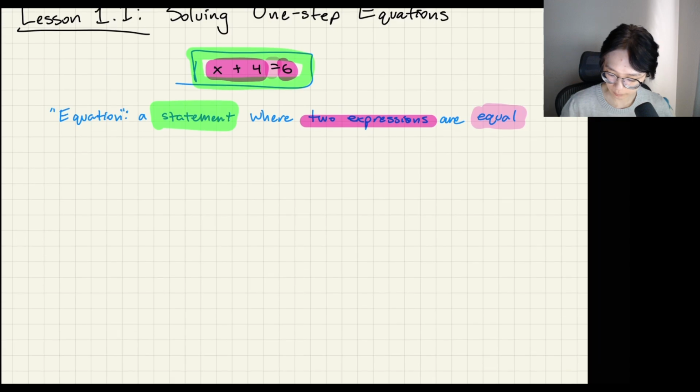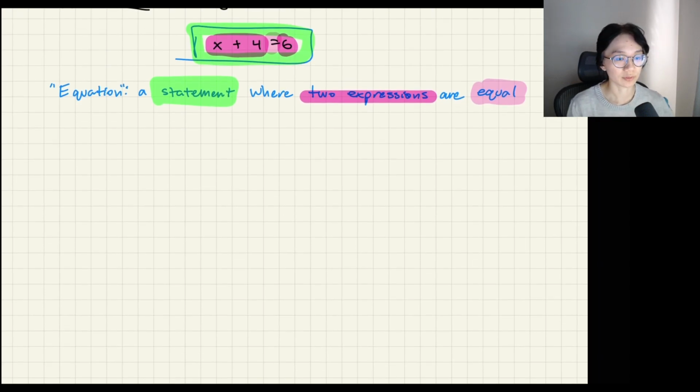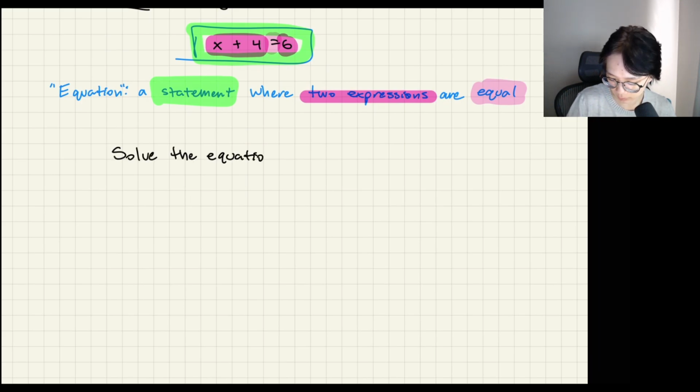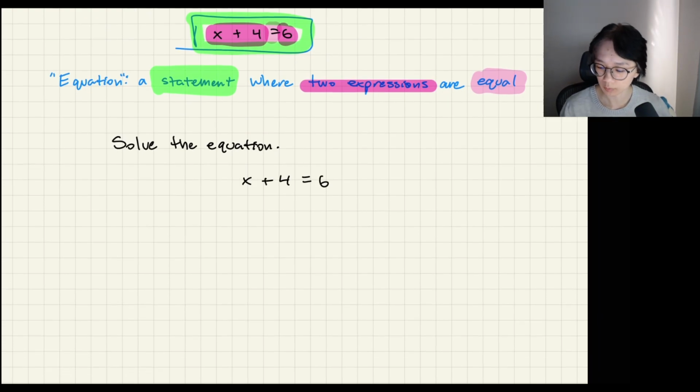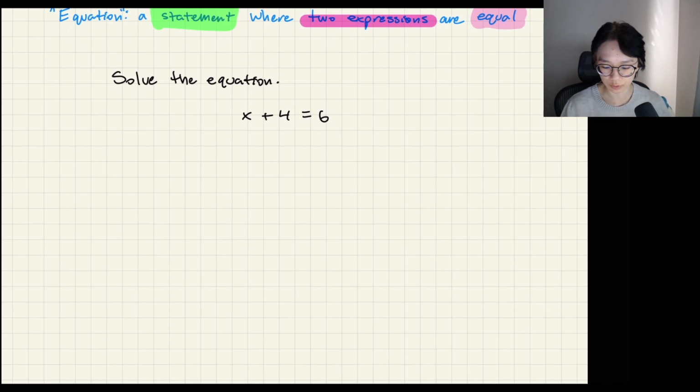Now, most of the time when you have things that look like this, an equation, the instructions will say solve this equation, and then it'll show you the equation. How do you do that? What does that mean? Well, solving the equation means to find a solution.